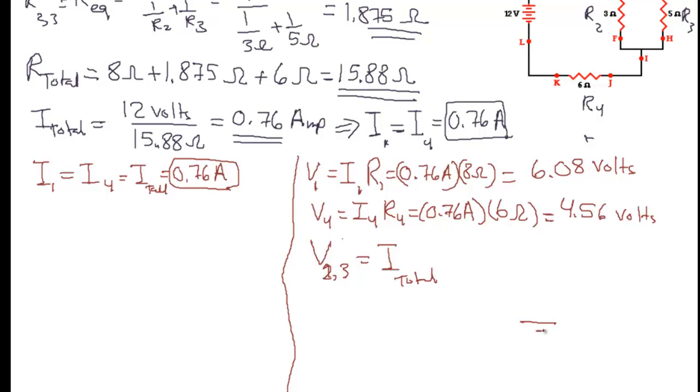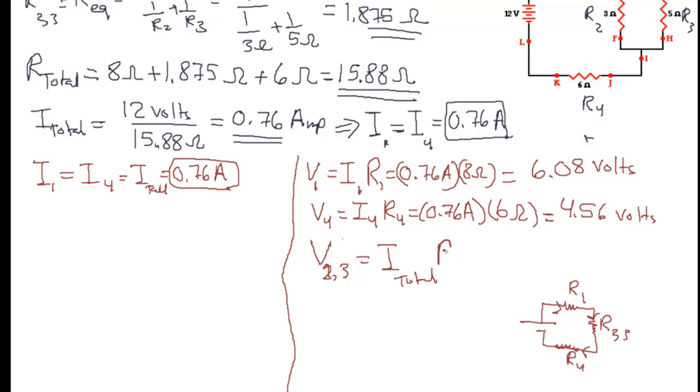When we combine the two resistors, we have R1, then the equivalence of the two resistors, then R4. So the current that goes through R1 is the same as the current through the equivalence of 2 and 3, equal to the current that goes through R4, which is equal to I total.